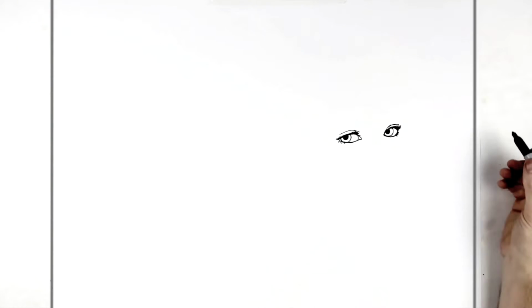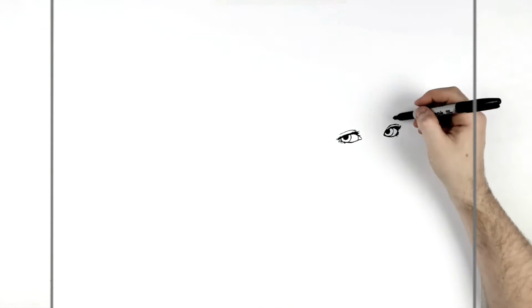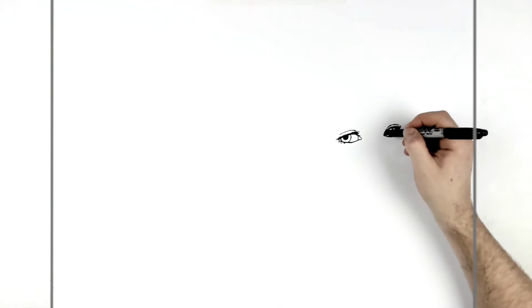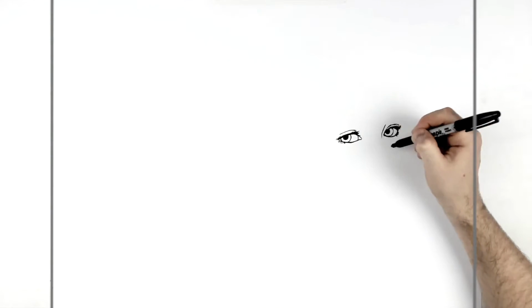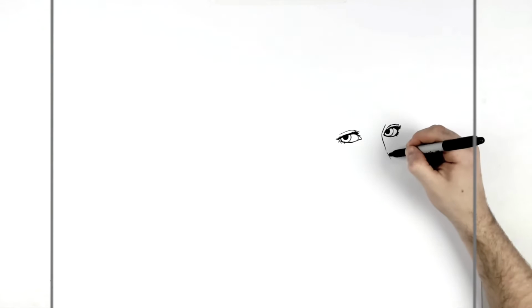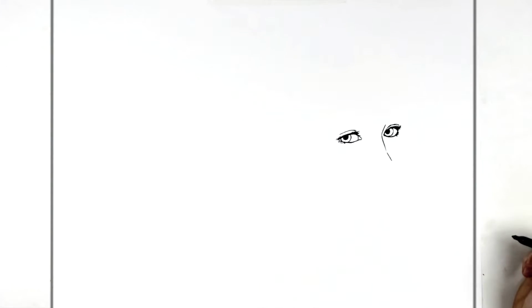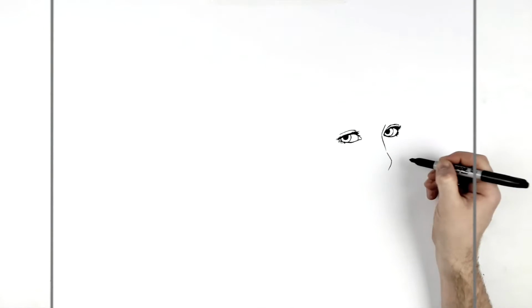Okay. So we'll get her nose in, right? So her nose comes down from her eyebrow. So I guess we'll do the nose first. So it comes down here, right? So we'll turn this way. So her nose comes down like so, and then sticks out there. And then it turns around the corner here.